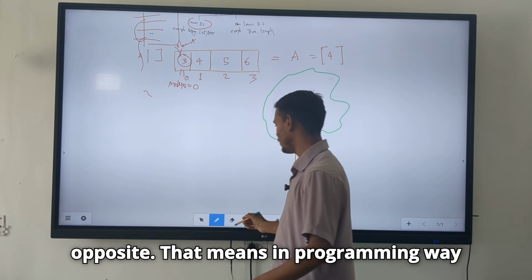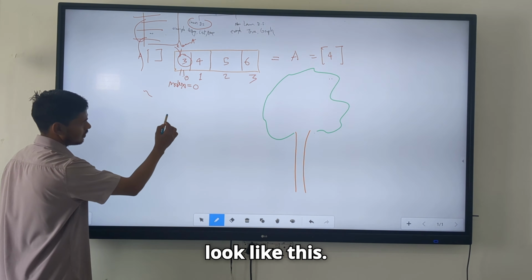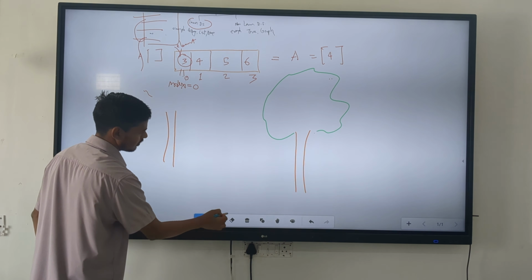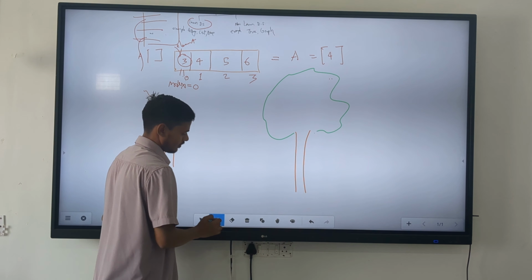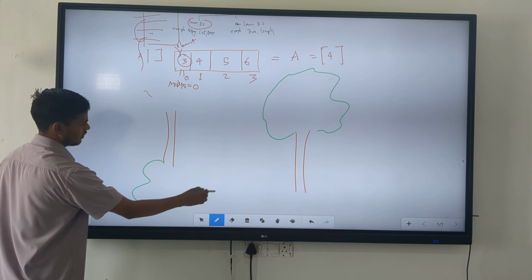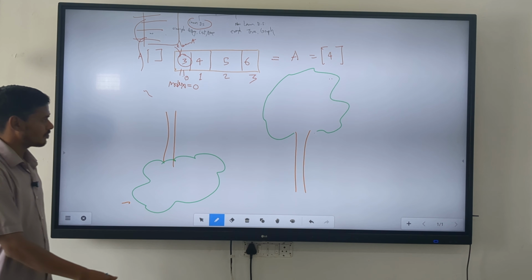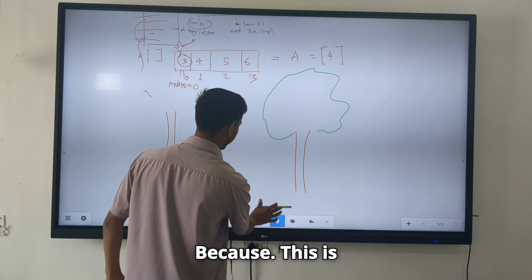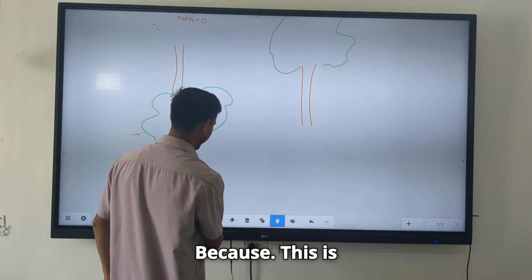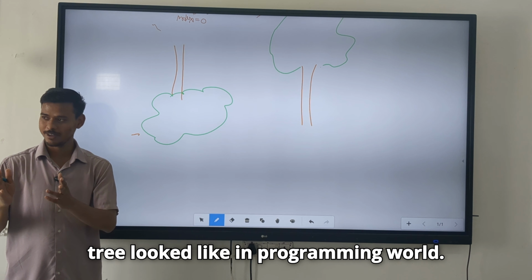That means in programming it will look like this. Because this is firstly the root object. Understood? This is how a tree looks in the programming world.